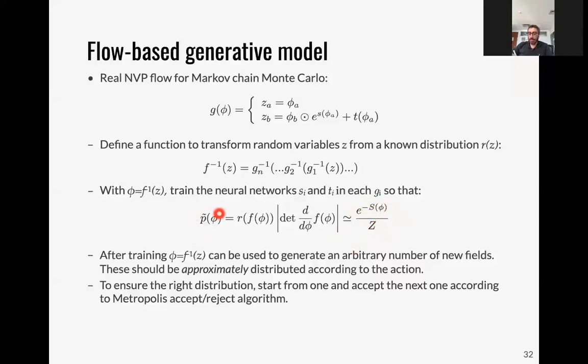But if you did indeed train this p tilde appropriately to be close to your target distribution, then most of those trials should be accepted, should give you 1.